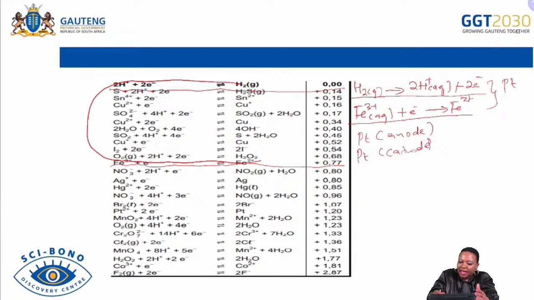So okay, the next thing we need to do is identify our oxidizing and our reducing agent. To do that, it is very easy when you write the net reaction. The net reaction is going to be H2 gas, which will lose electrons and give them to Fe 3+ aqueous to give us what? 2H+ aqueous plus Fe 2+.